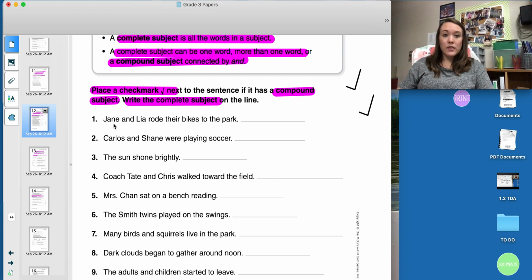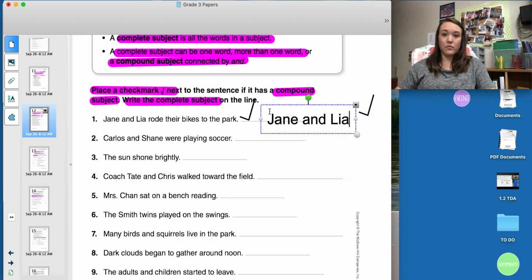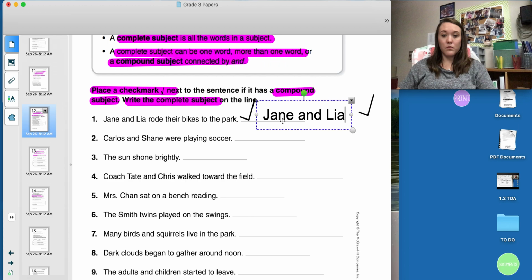This sentence says Jane and Leah. So it does have a compound subject. I need to place a check mark next to it. And then on the line, I'm going to write out the complete subject. So Jane and Leah is my complete subject.